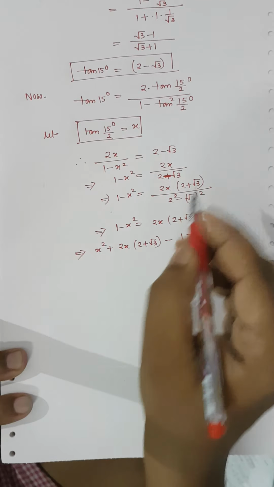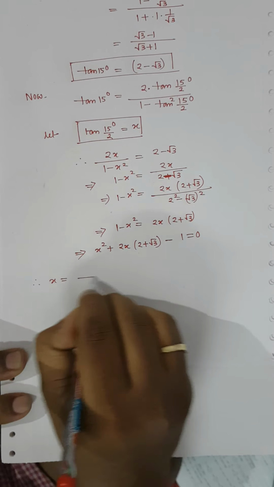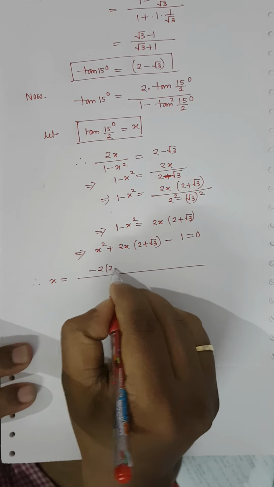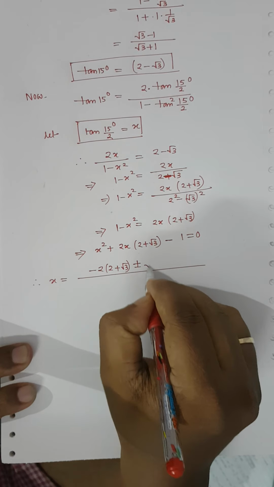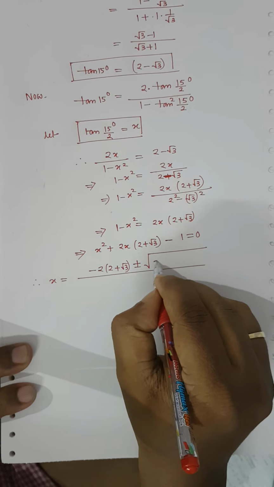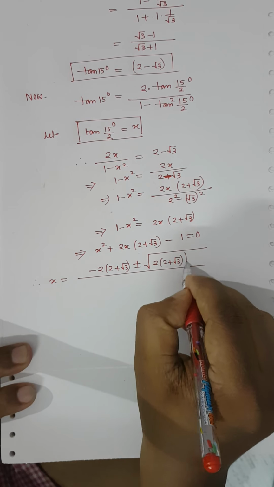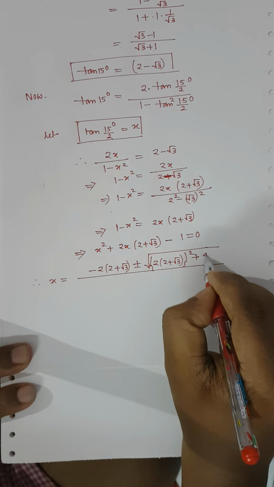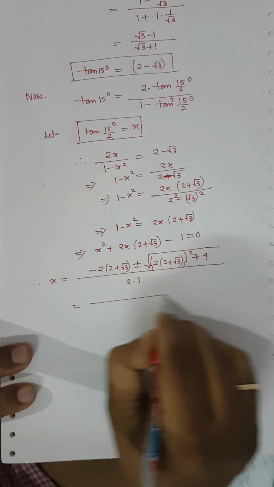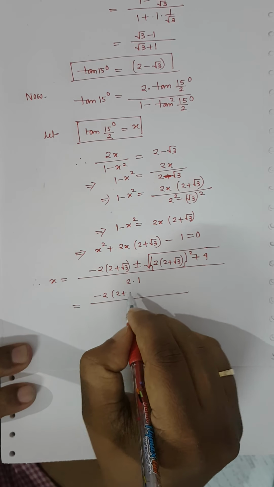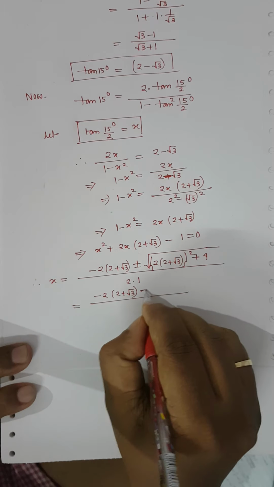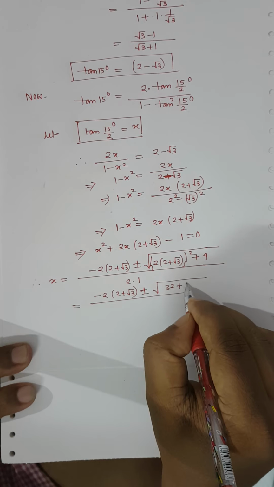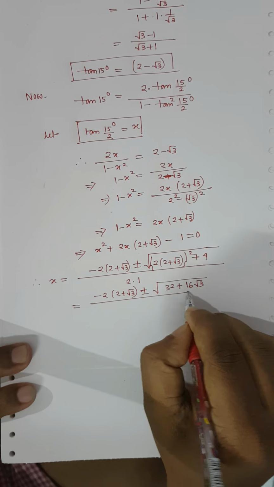where x is equal to tan 7.5 degree. So your x will be equal to minus b, that is minus 2 into 2 plus root 3, plus minus root of b square, that is 2 into 2 plus root 3 whole square, minus 4ac, 4 into 1 into minus 1, this is plus 4, divided by 2 into 1. This is minus of 2 plus root 3 plus minus root of, this is nothing but 32 plus 16 root 3.